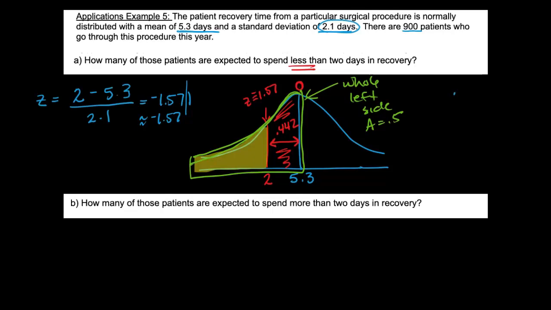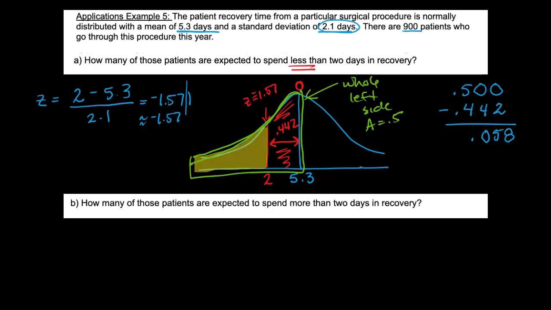So I'm going to take 0.5, or you can do 0.500, minus 0.442. So we're going to subtract those and we get an area of 0.058. And that's really a percentage. 5.8% would be the percentage.